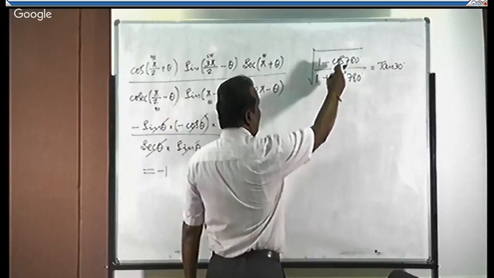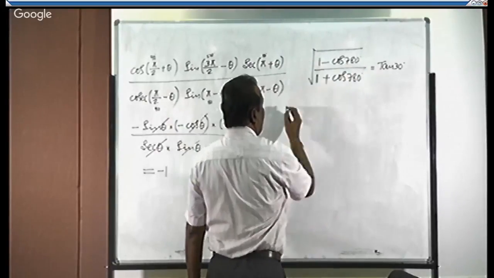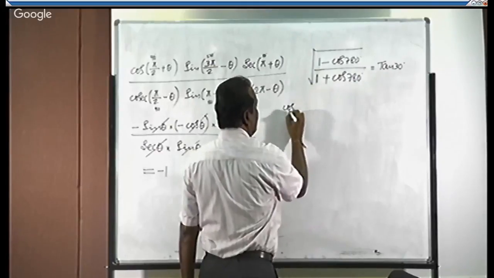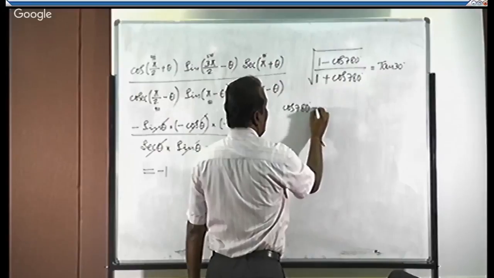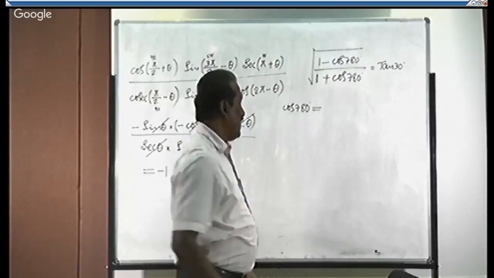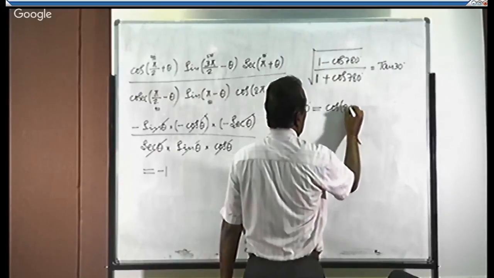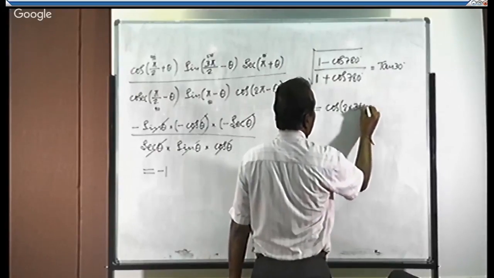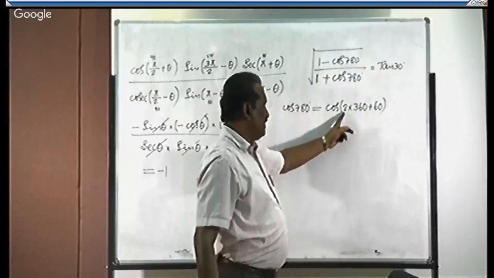Now in the LHS you have cos 780 in both numerator and denominator. To make the simplification easier, first try to know what is cos 780 by applying the allied angles. Now this cos 780 is 2 into 360, which is 720, plus 60.